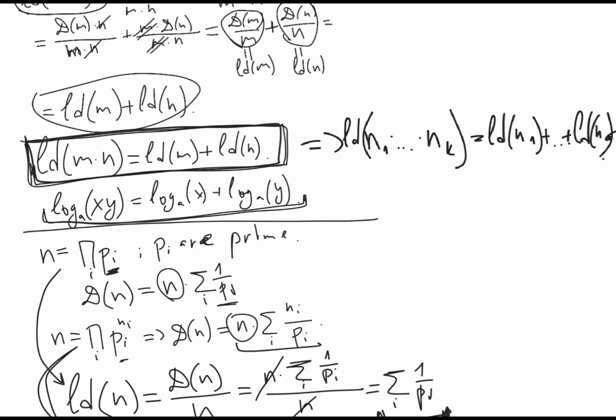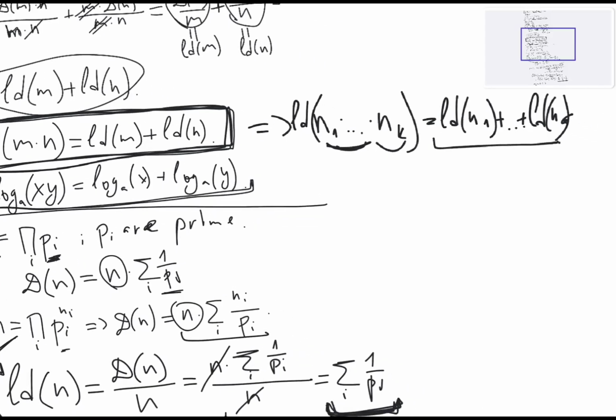We first divide it as n1 and so on multiplied by nk minus 1 and the last one. So we apply the product rule to these two multipliers. We get the sum, and then we use the same for nk minus 1 and so on. So it's easy to prove that this would be equal to this sum.